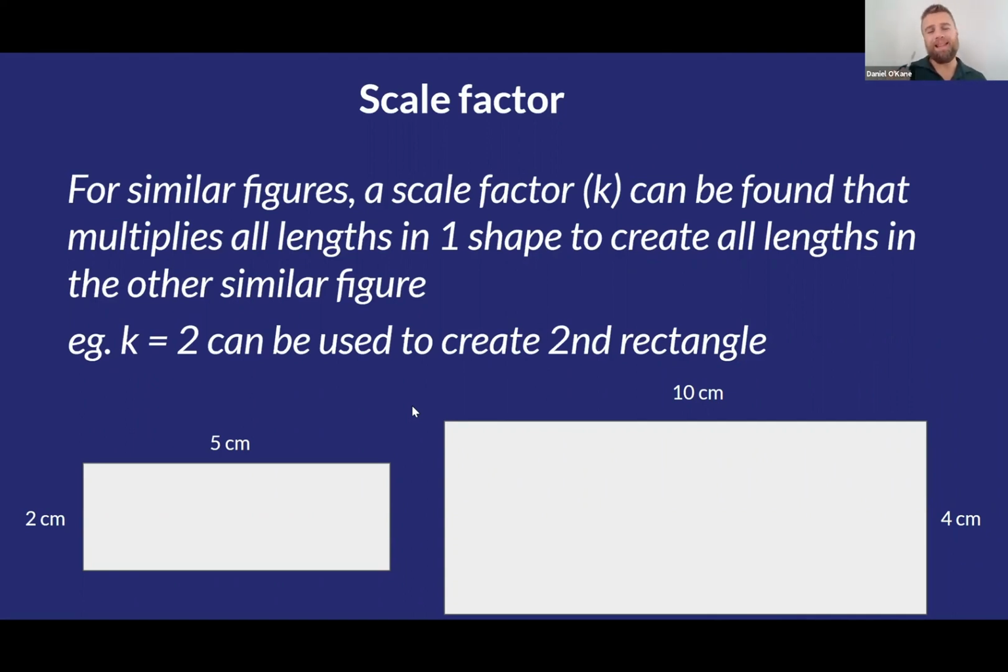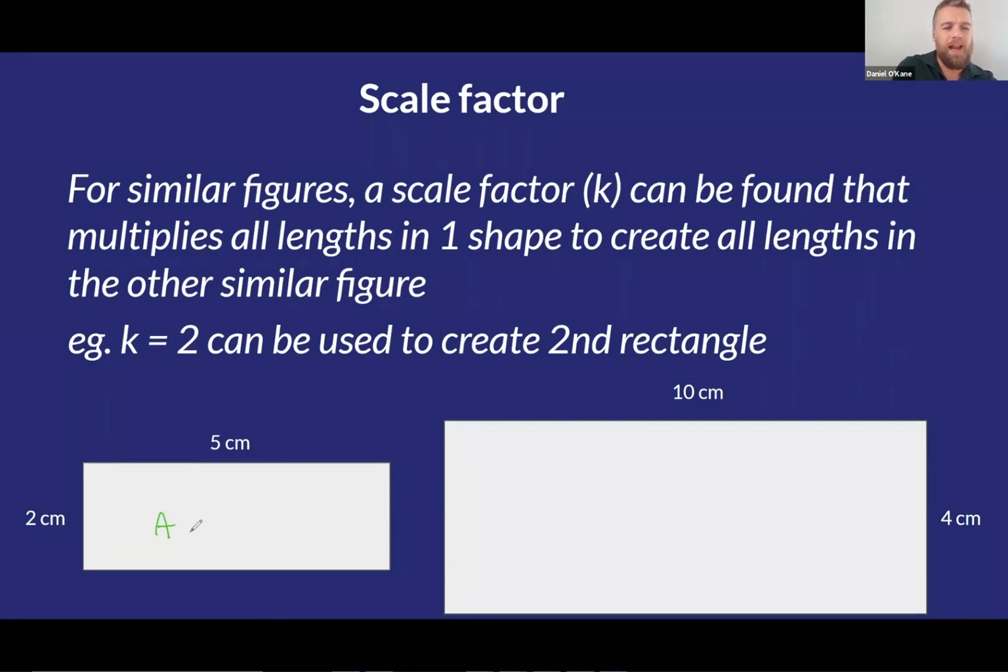When you talk about the area of this shape, I'm not covering a lot of this in today's lesson, but the area would be 2 by 5, so 10 square centimeters for the first rectangle. The second rectangle is 40 square centimeters, 10 by 4.